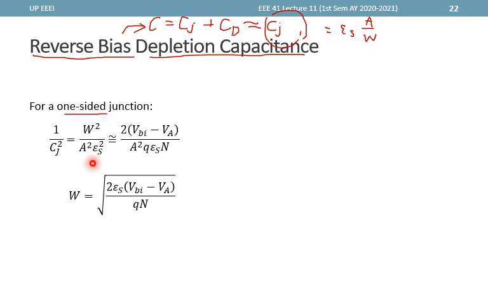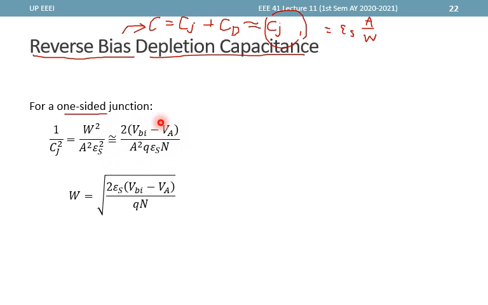And we can actually show that this one is approximately equal to this one from this equation. So W is equal to square root of 2 epsilon S (VBI minus VA) over Qn, where N is the doping at the lightly doped side. And this equation here is valid for one-sided junctions. So if we square this one and substitute here, we get this equation right here.